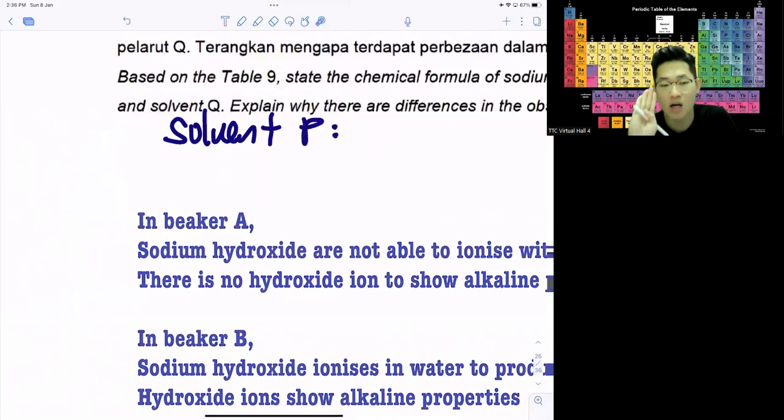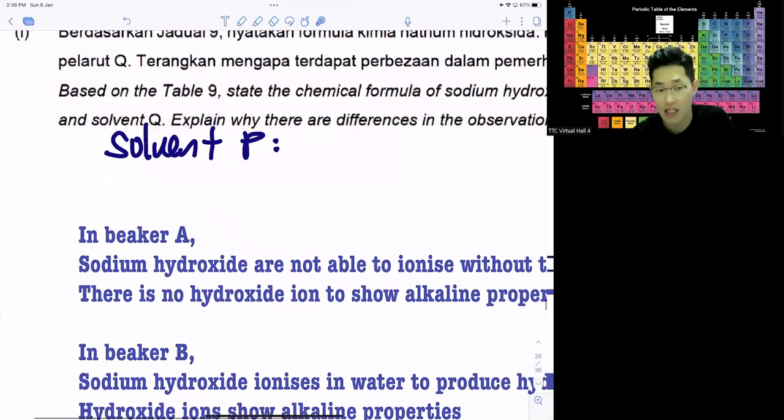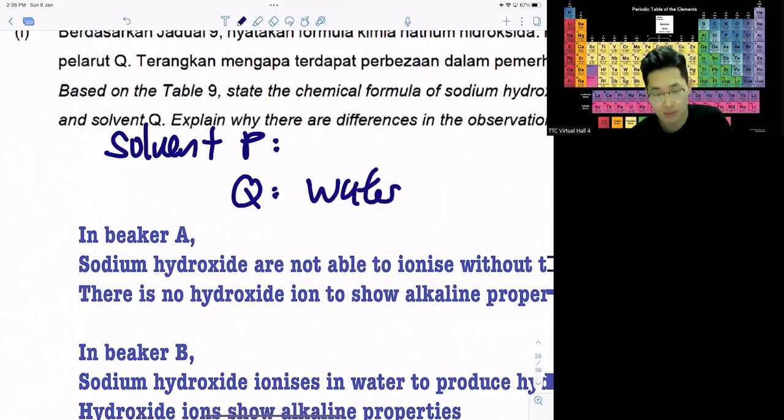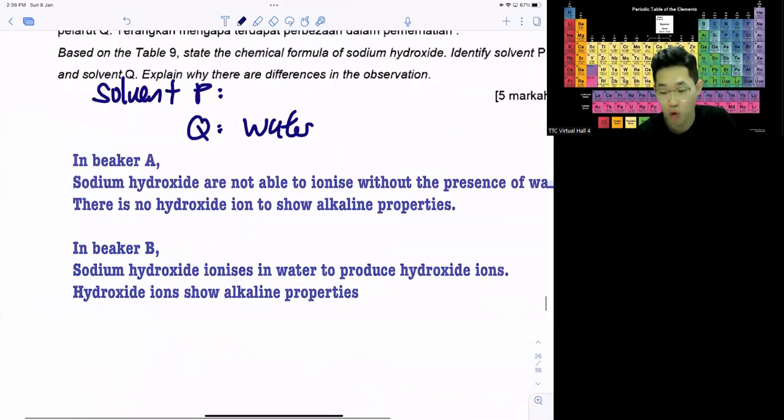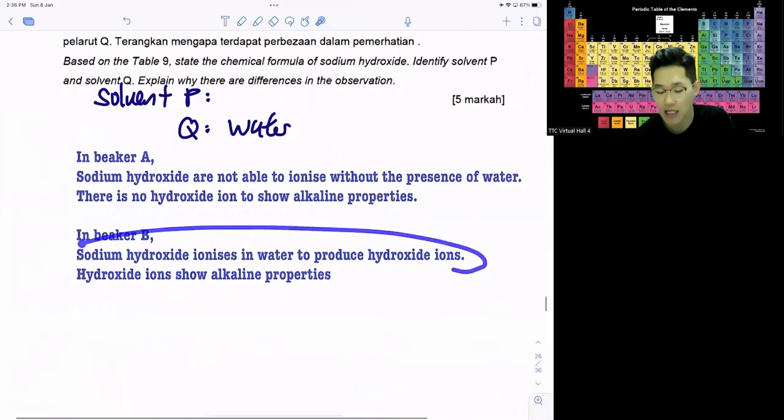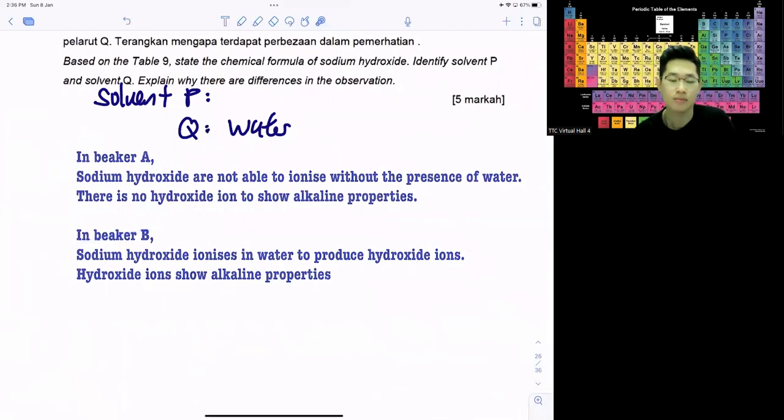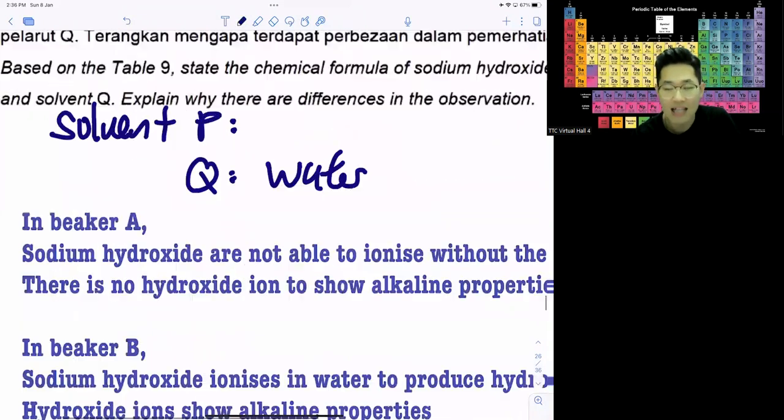Solvent is either water or organic solvent. The one that has reaction must be water, because water can ionize the alkali or acid. Then the other one will be organic solvent.